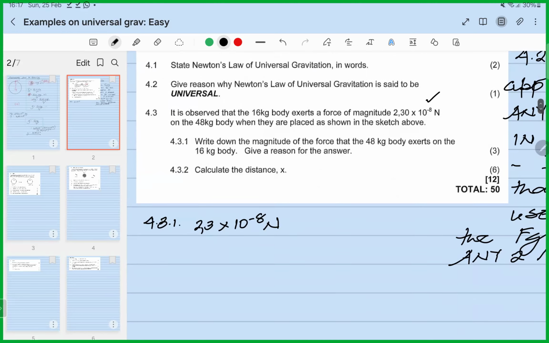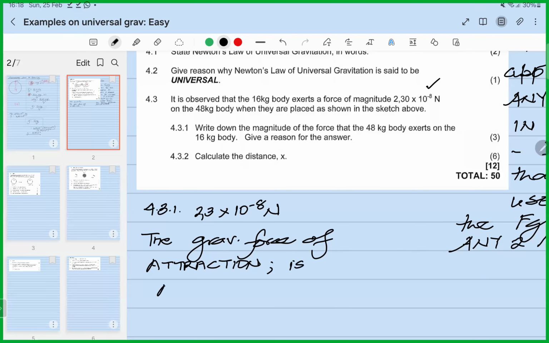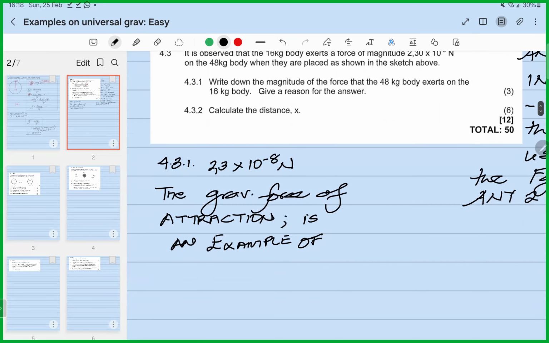And the reason? The gravitational force of attraction is an example of Newton's third law.